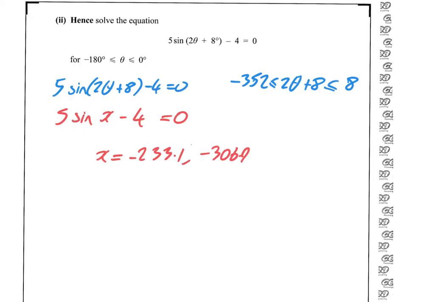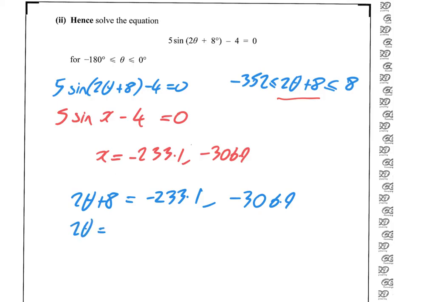So that means that's what these things are going to be equal to. So we'll go back to our blue pen and we'll put 2 theta plus 8 then is equal to minus 233.1 or minus 306.9. Then you have two linear equations.